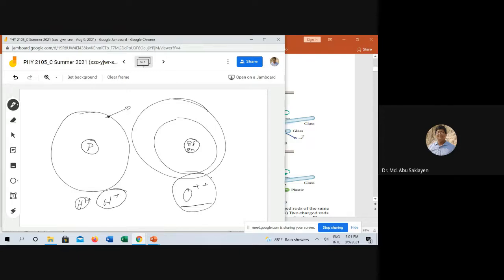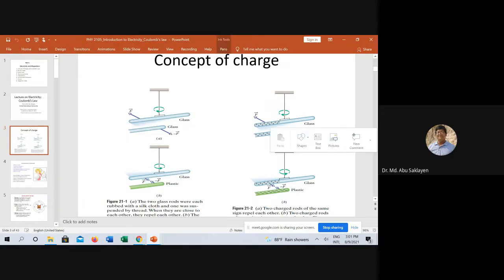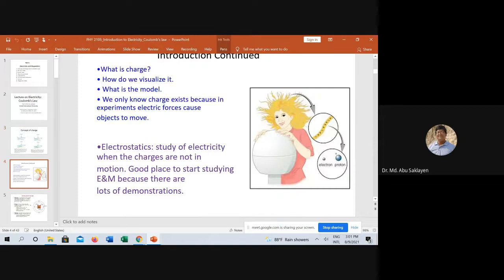Okay, so we can conclude that charge is an intrinsic property of elementary particles. Elementary particles are those particles that atoms are made up of.